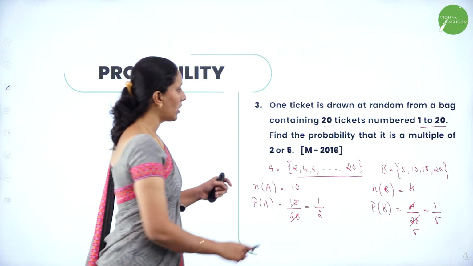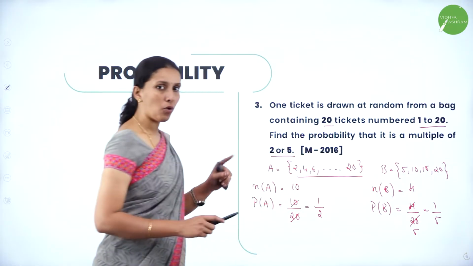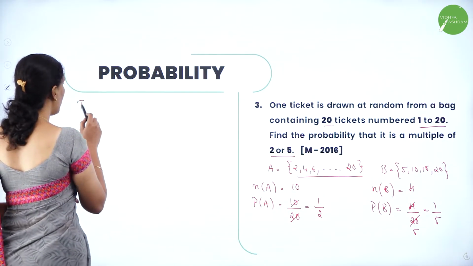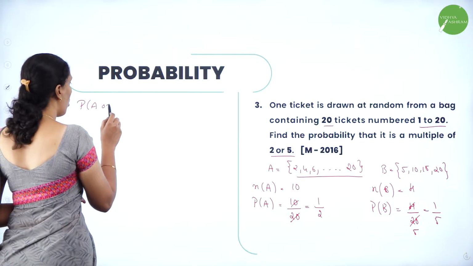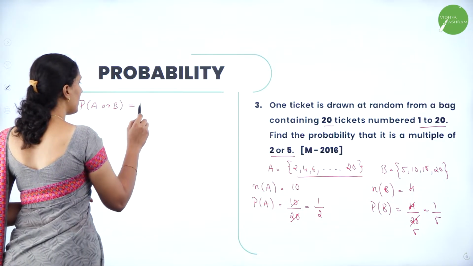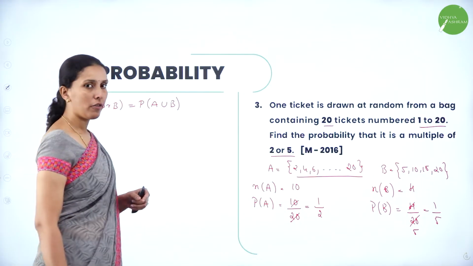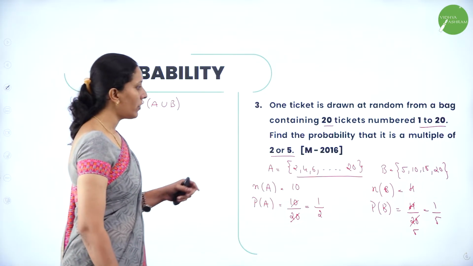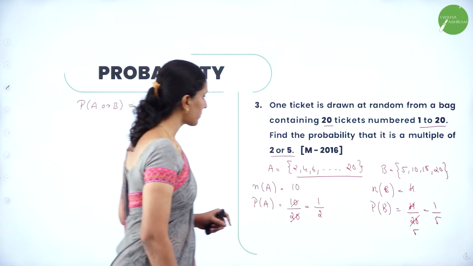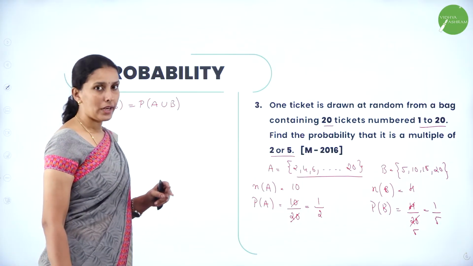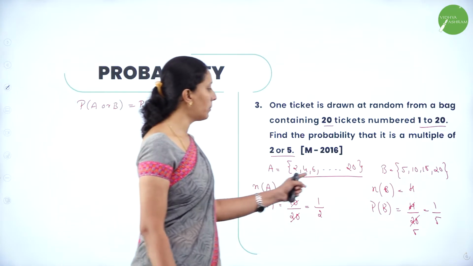Now we need to find out the probability of 2 or 5. That is probability of A or B, which is nothing but your union. So you can clearly see here, we have 2 elements which are common in both the sets.